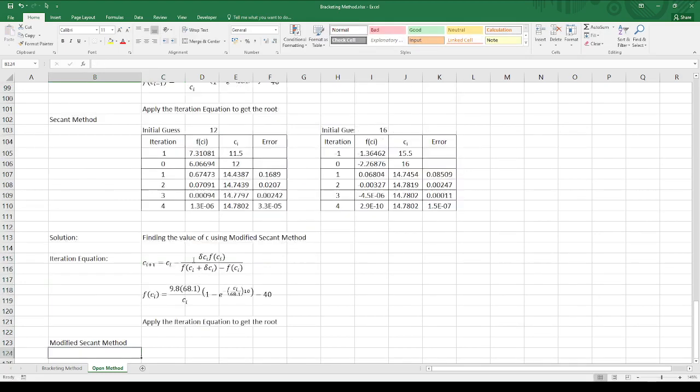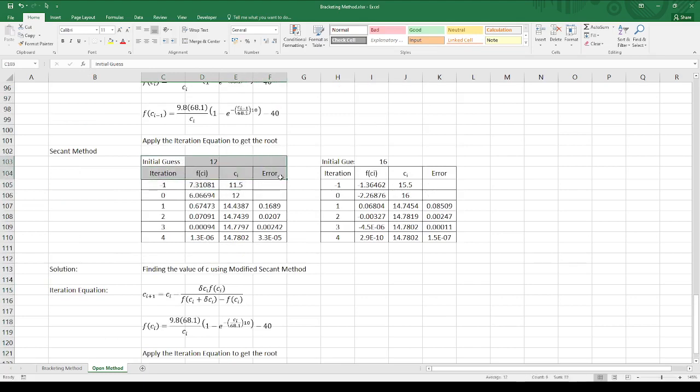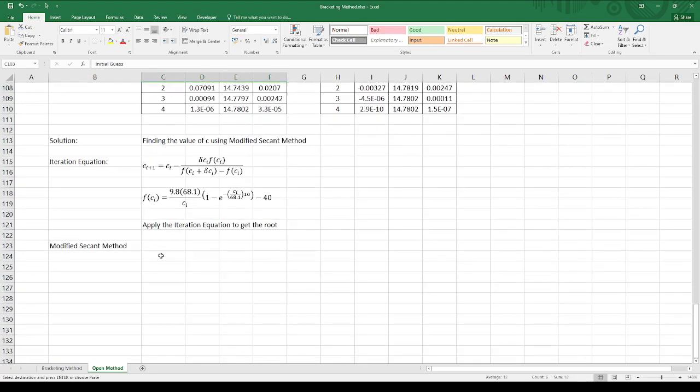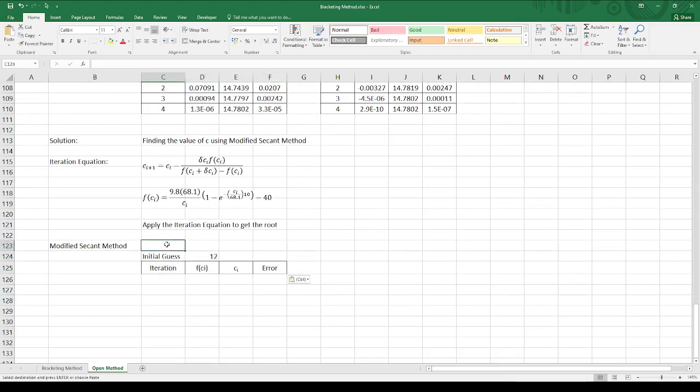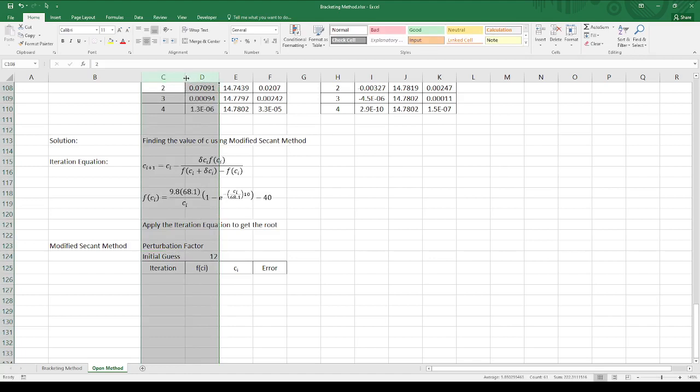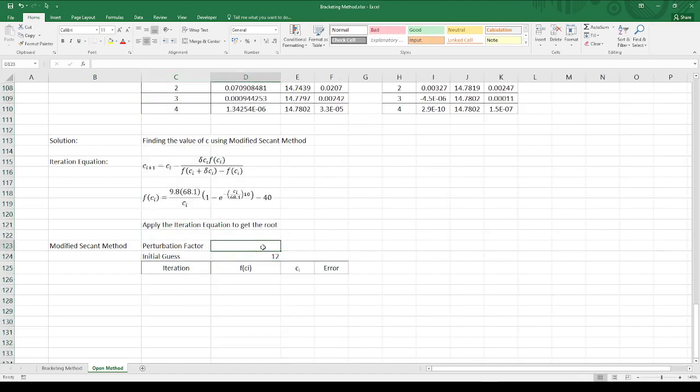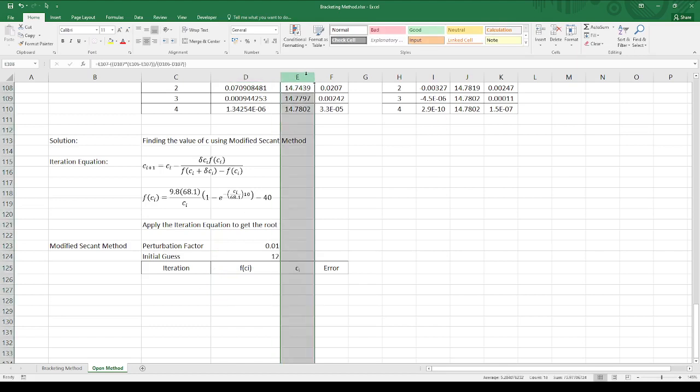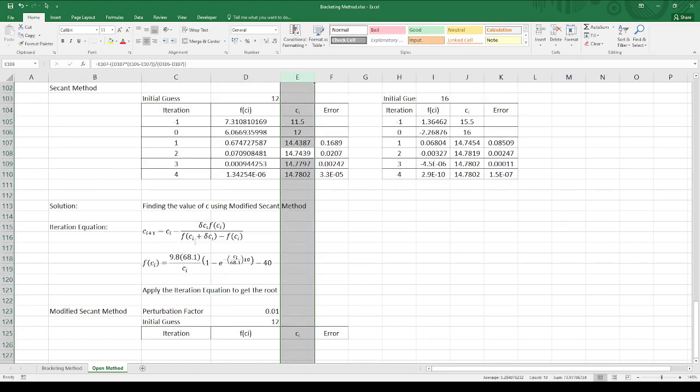So, let's just say that your initial guess again is 12. Then, we need to have a perturbation factor. That should be at least 0.01. So, I think we need to have at least another column here.